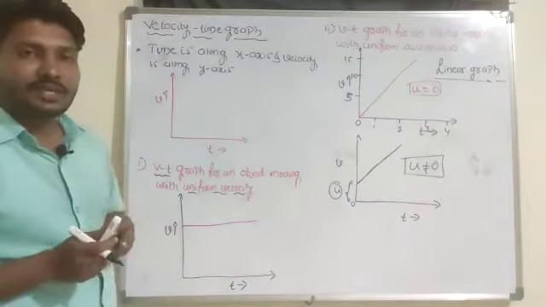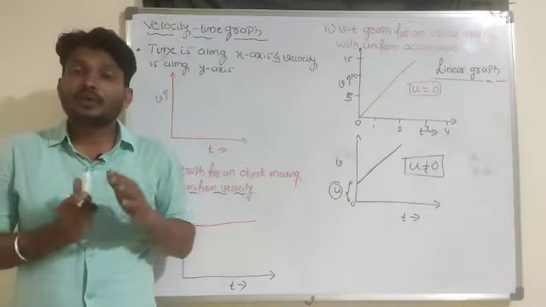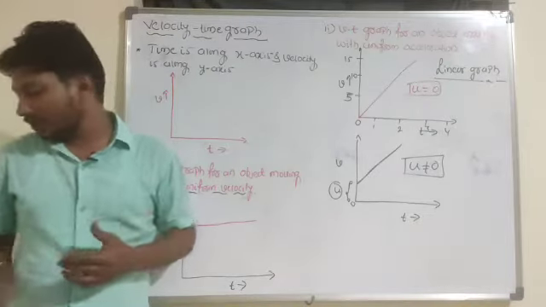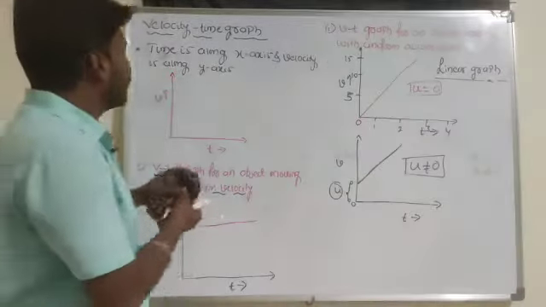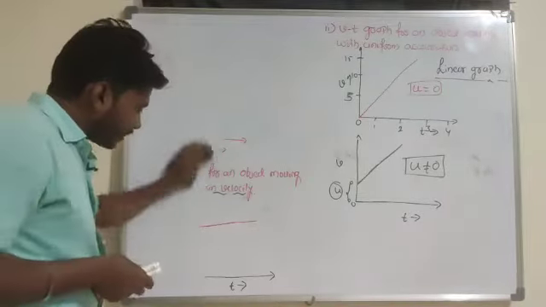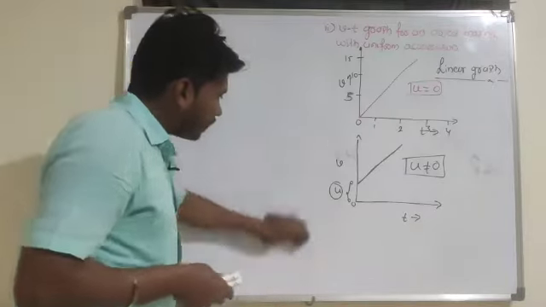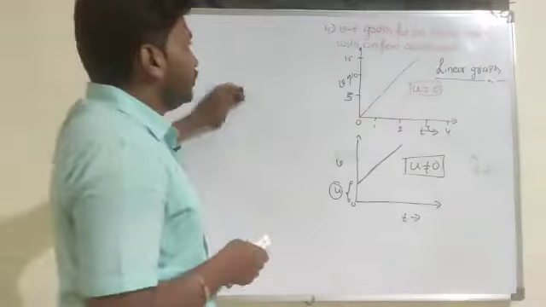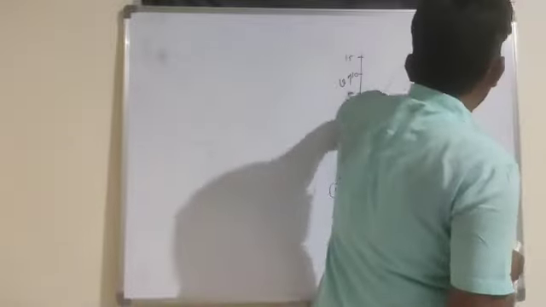Now in case of acceleration we will look at positive acceleration as well as negative acceleration. I have to draw the velocity time graph for an object moving with uniform positive acceleration and uniform negative acceleration.